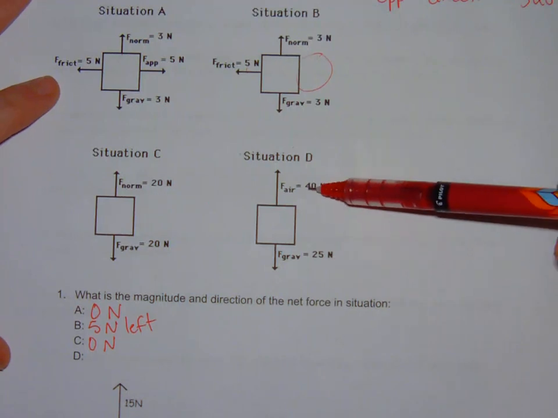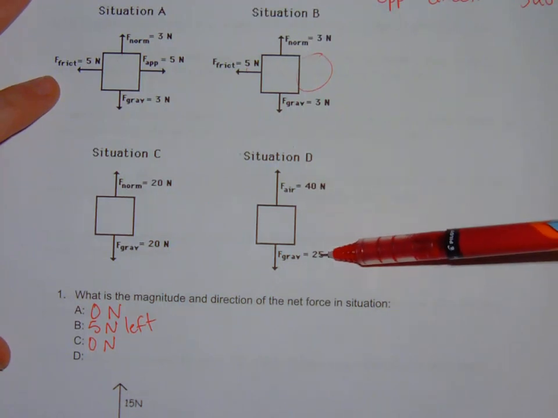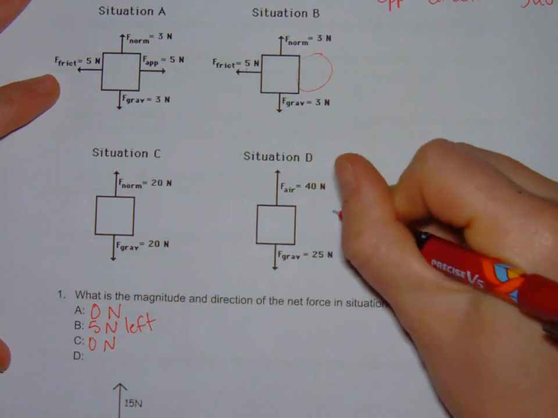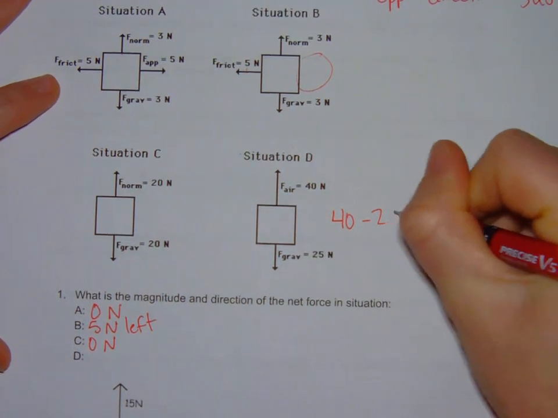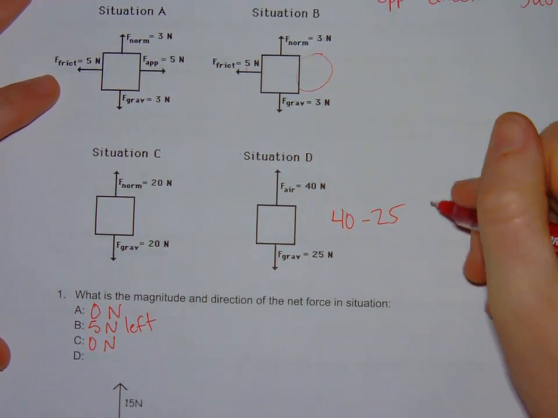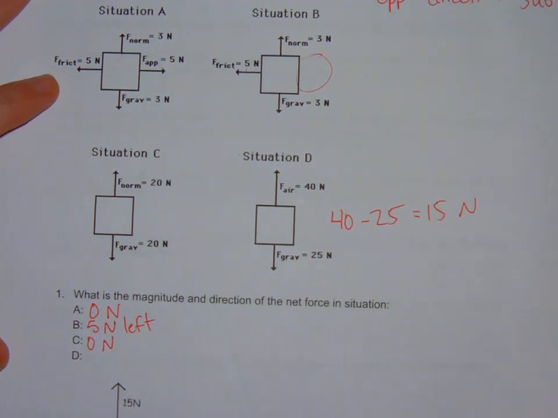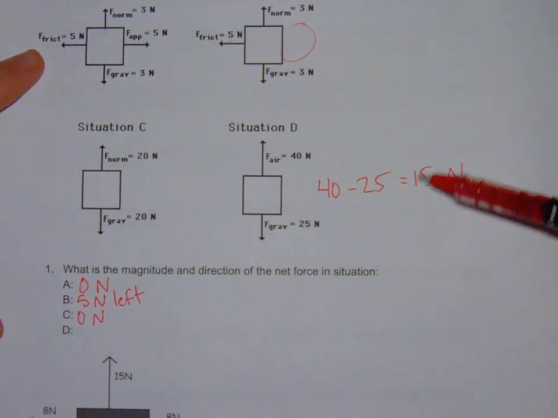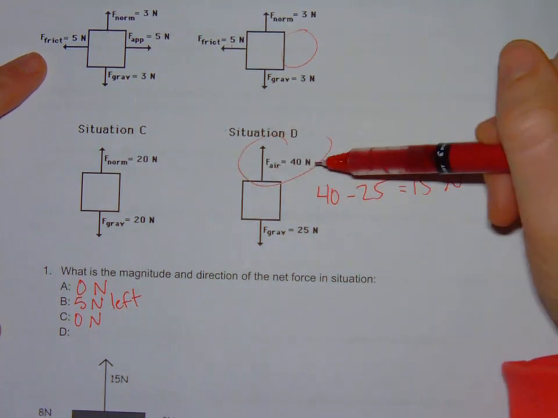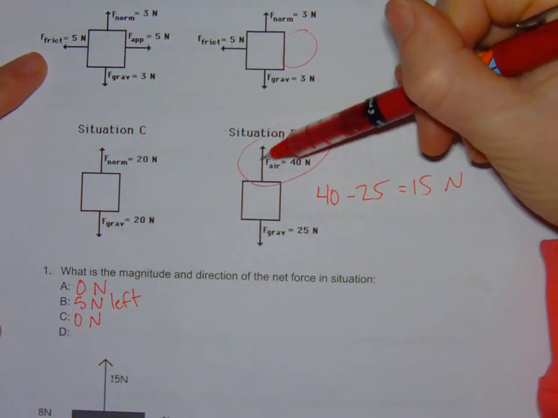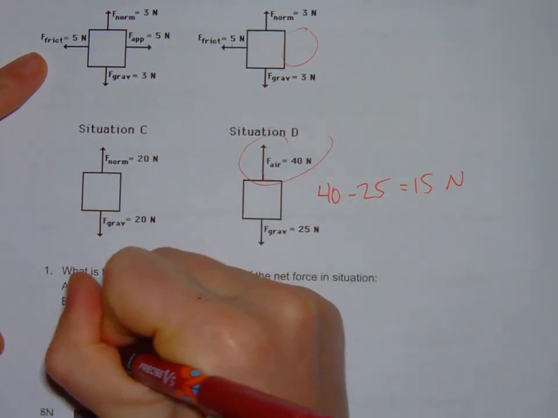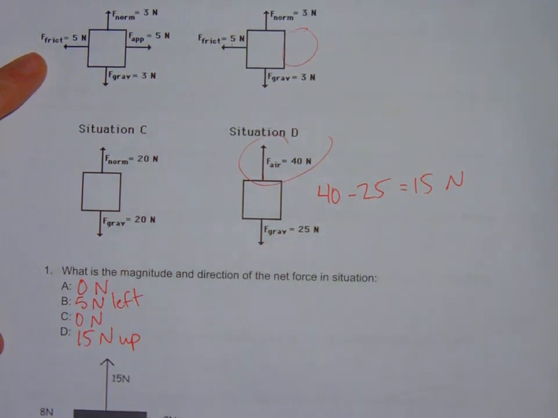But if we look here, it's 40 newtons up and only 25 down. So we would want to subtract those. 40 subtract 25 is going to be 15. And then we have to decide which is greater. That's a bigger number. Therefore, the motion would be up. So 15 newtons up.